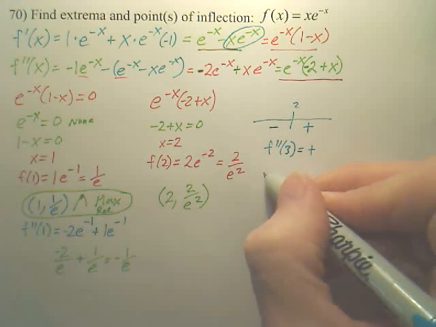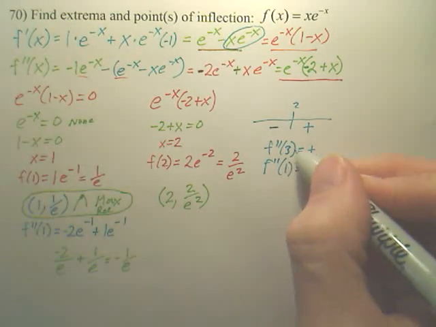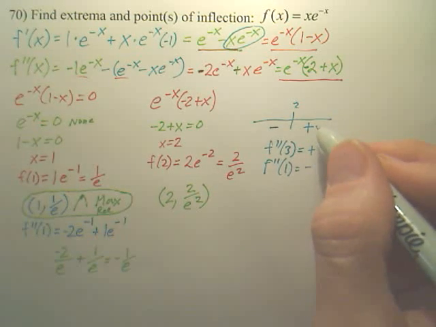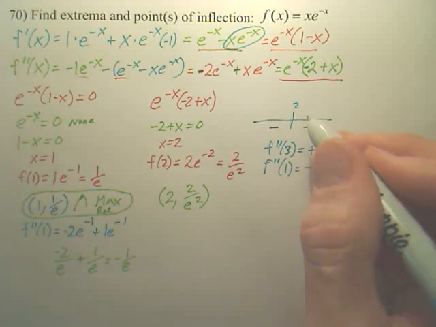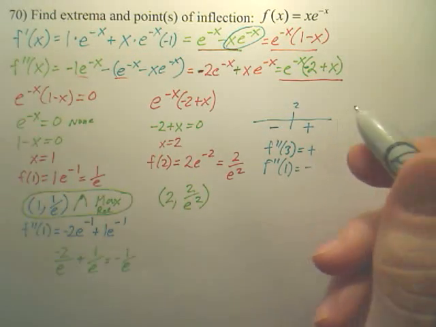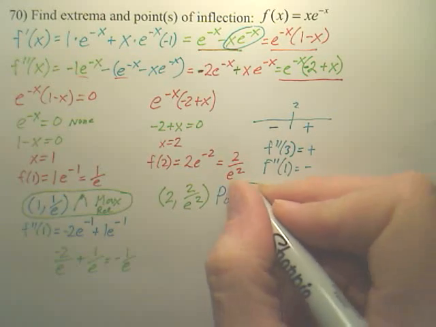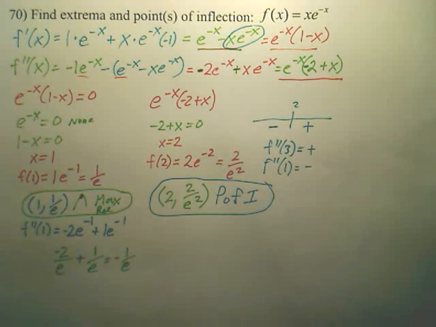Okay, so f double prime 1 is negative, f double prime 3 is positive. It changes concavity, so we can verify it's actually a point of inflection. You want to always verify it. Most of the time it's going to be, but not always. So this is a point of inflection. Hopefully that makes sense.